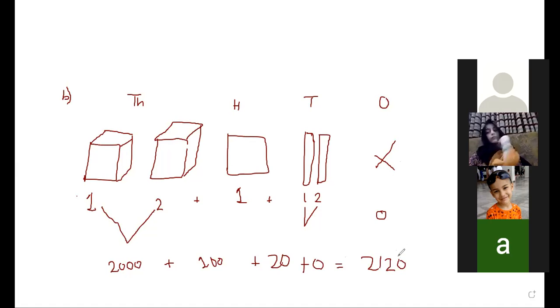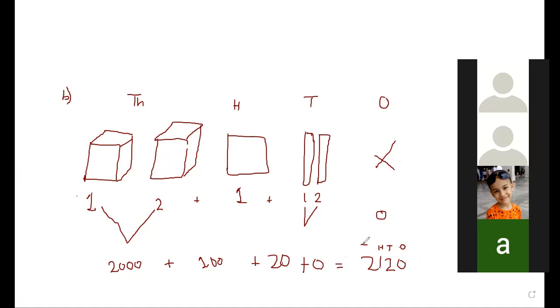2120. Now I want to draw this value on an abacus. This is ones, this is tens, this is 100, and this one is 1000. How am I going to draw on the abacus? We have four values.